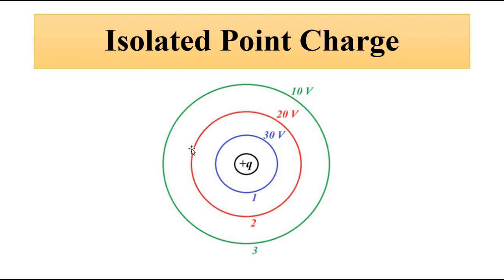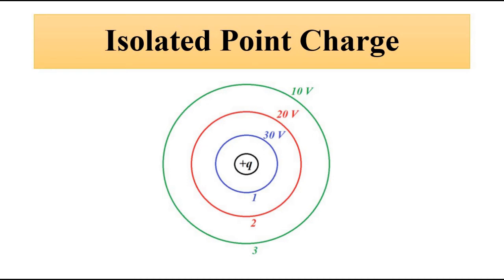All the points on this red circle, and in 3 dimensions the red sphere, will be at 20 volt. Then for the green one, with the maximum radius, we have 10 volt. So we get concentric equipotential spheres with decreasing potential values as we increase the distance from this isolated point charge. So this is one case of equipotential surface.